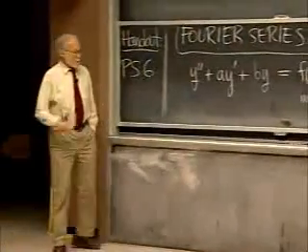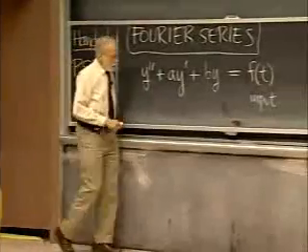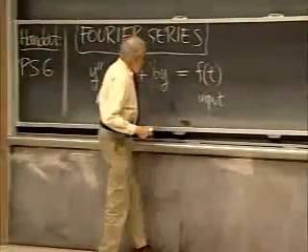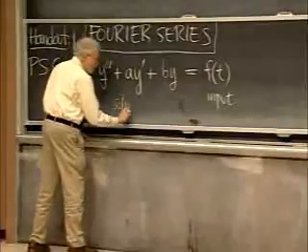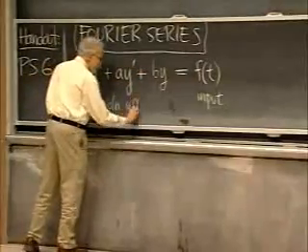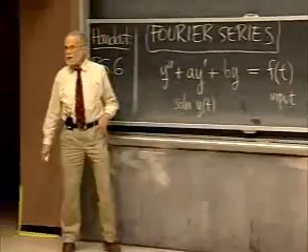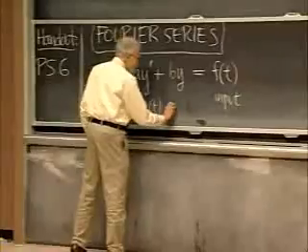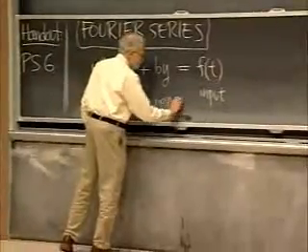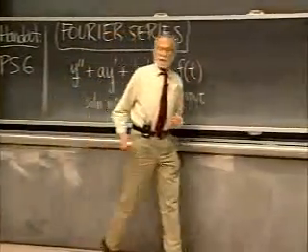And so far, the response then is the solution y of t, maybe with some given initial conditions to pick out a special one, we call the response. The response to that particular input.